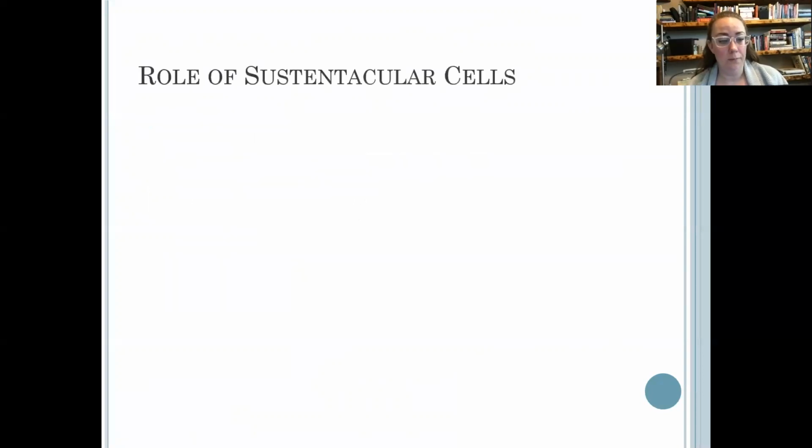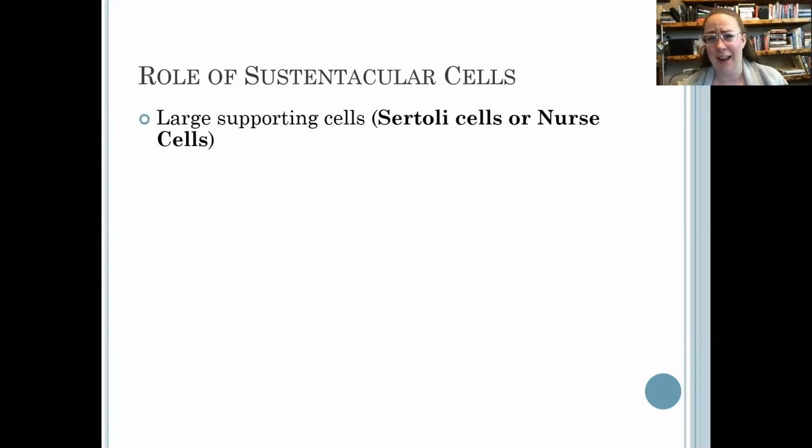It's the locomotor region. Now, in the seminiferous tubule, the walls themselves are made up of cells called sustentacular cells. There's actually lots of names for these cells: sustentacular cells, sustenocytes, I think is another name, nurse cells or Sertoli cells. Those are all names for the same cell, as confusing as that is.